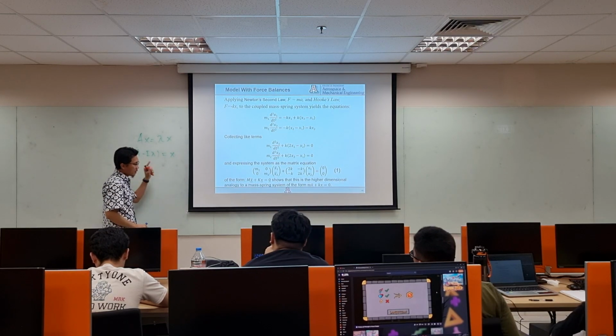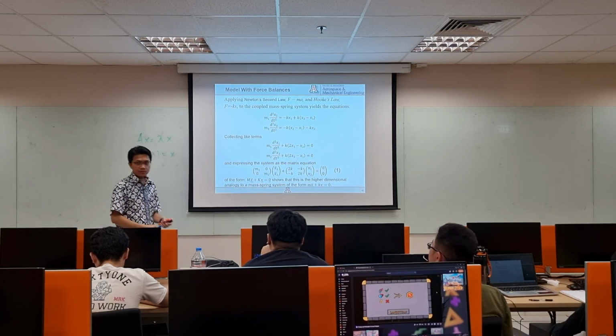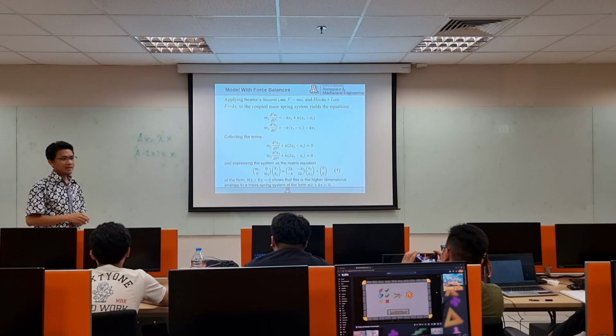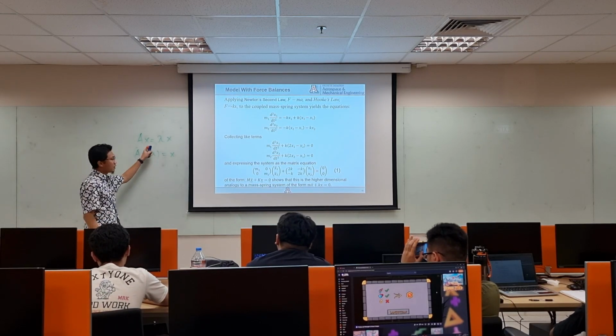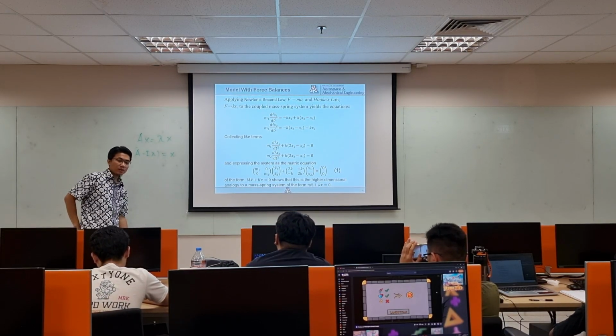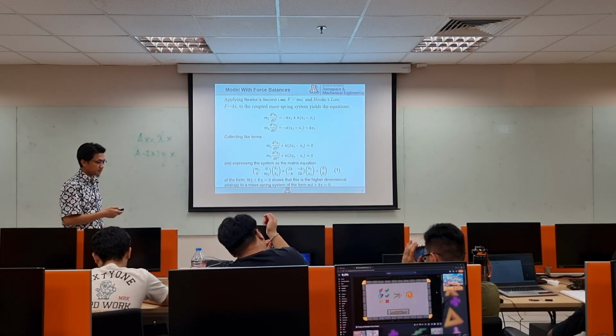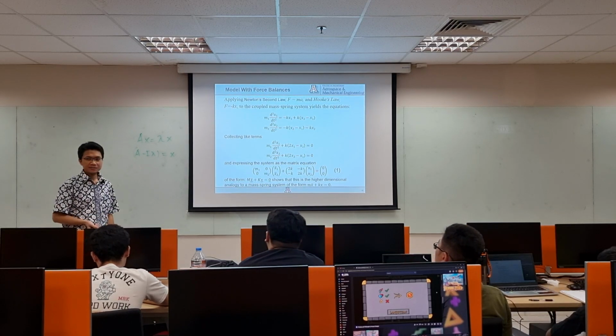Is this form the same as this one? Is it the same format? No. We don't have the double dot in here. So we need to remove the two dots. How do we remove them?